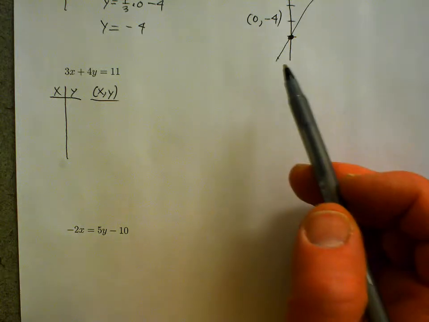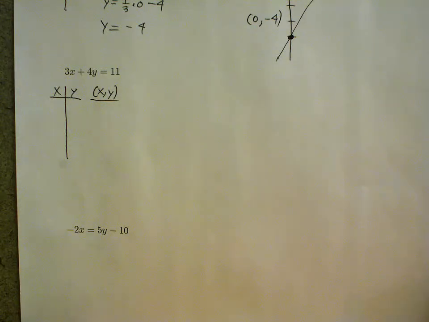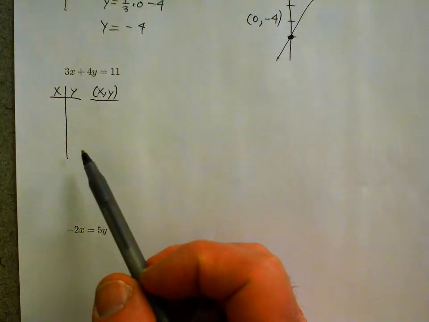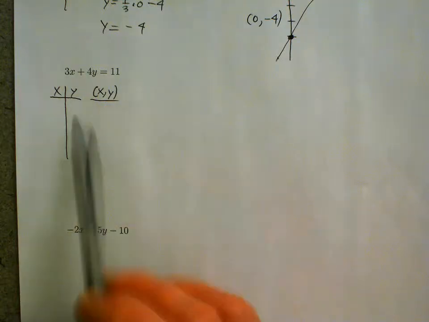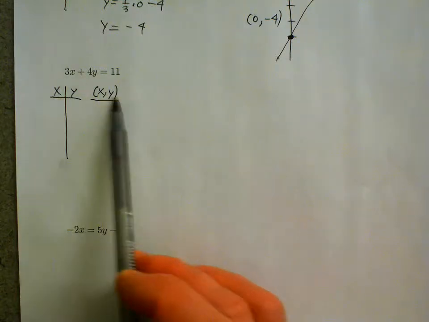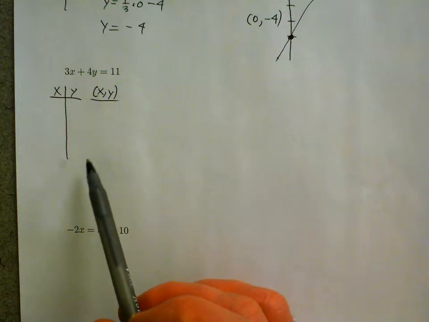Well, this one, it's sort of a challenge to avoid fractions. But fractions are numbers. So how about if we just use the x and y intercepts?